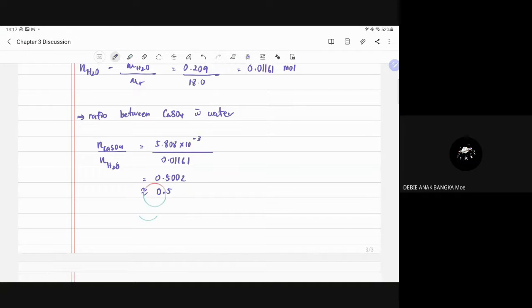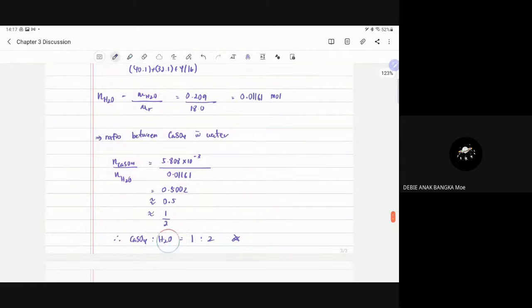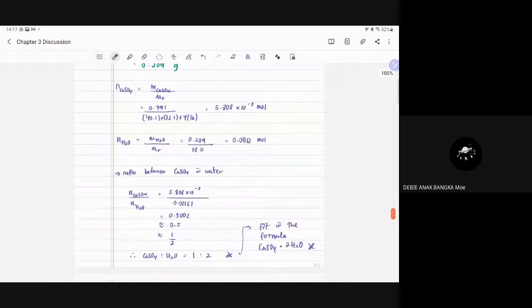Okay, so approximately 0.5. And if it is approximately 0.5, which is approximately 1/2. Therefore, the ratio between CaSO4 to H2O is equals to 1:2. So, kita dah buktikan lah. Once kita dah tunjuk, dah buktikan nisbah dia ni, fit with the formula CaSO4 dot 2H2O, dapatlah jawab.